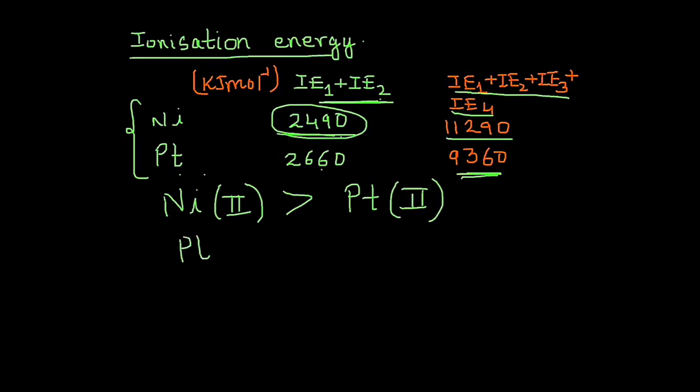That is why we notice that in the case of platinum, it is easier to remove 4 electrons compared to nickel if we have to remove 4 of its electrons. So this shows that platinum, which is at the bottom of a group, in its +4 state is more stable than its +2 state, and vice versa for nickel.